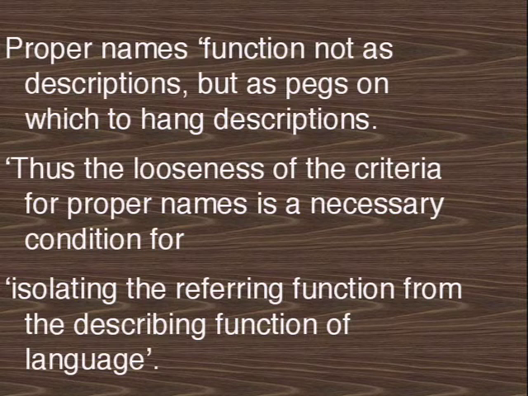I can't put it any better than Searle himself does. Proper names function not as descriptions, but as pegs on which to hang descriptions. The looseness of the criteria for proper names is a necessary condition for isolating the referring function from the describing function of language.